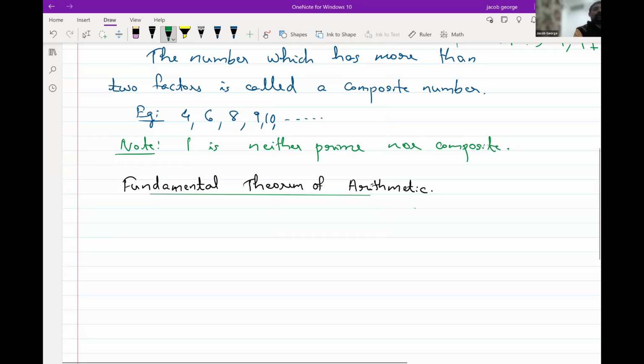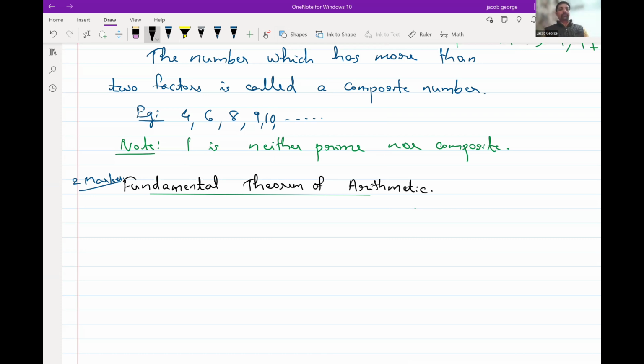This will come for a 2-marker question. Normally the definition also will be coming in the examination. State fundamental theorem of arithmetic, a direct question will come. And questions based on this one also will be there in the examination.